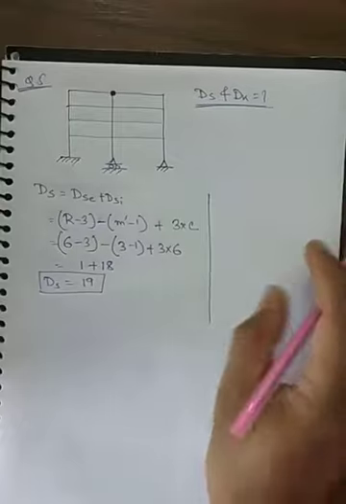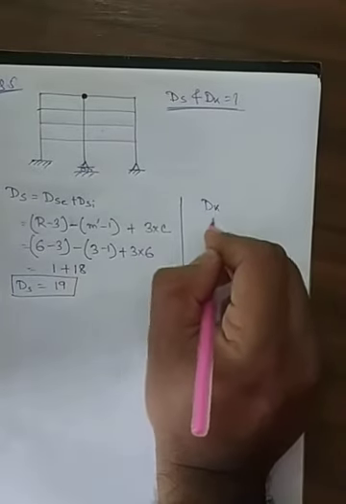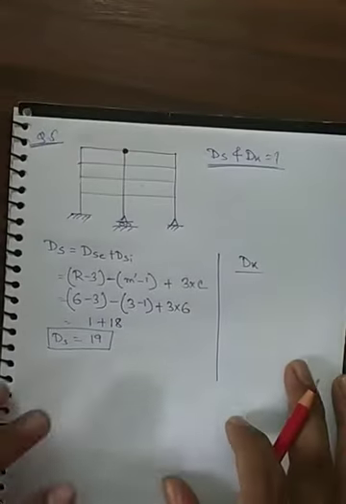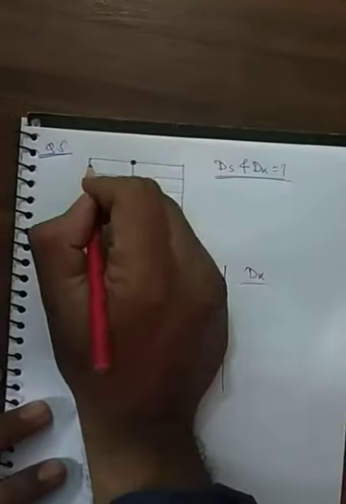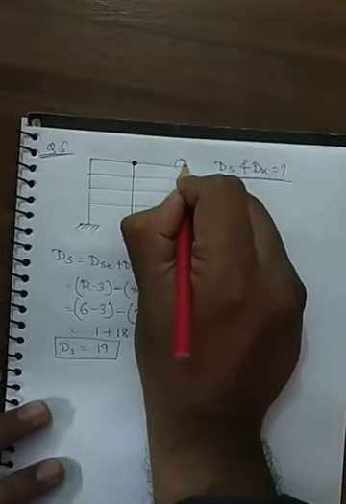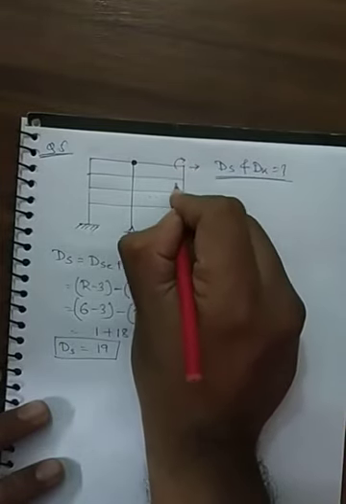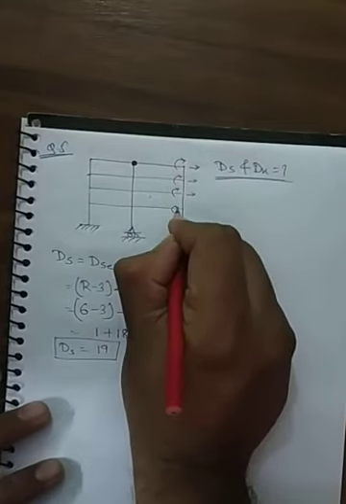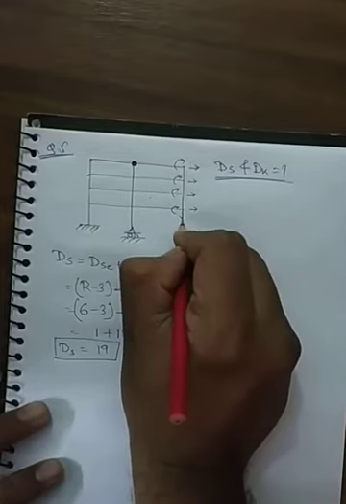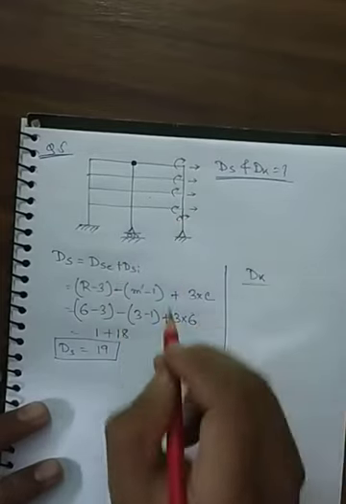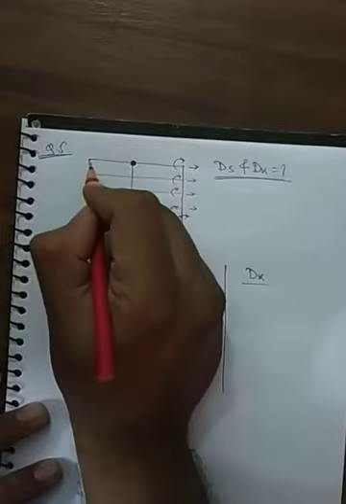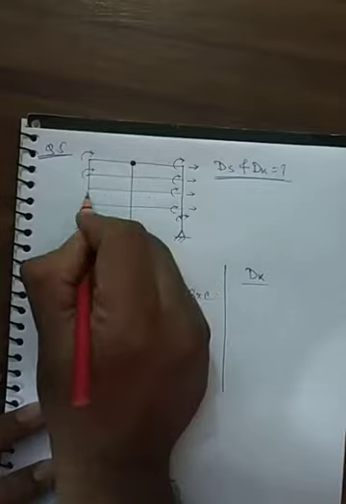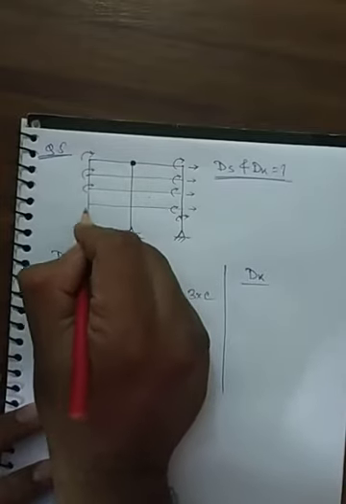And for dk, for the calculation of dk, you have to take degree of freedom. Here, starting from this, 1 2, 1 2, 1 2, 1 2, and for this also. Here 1, 1, 1, 1.